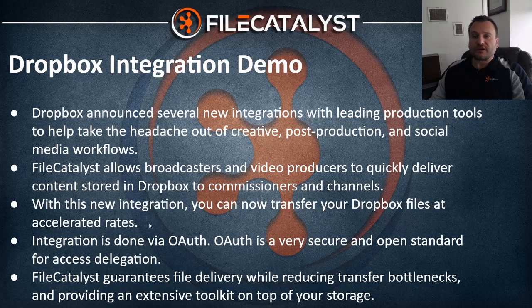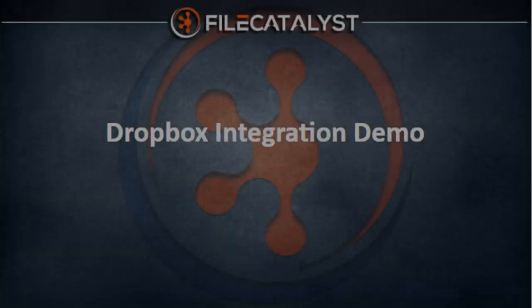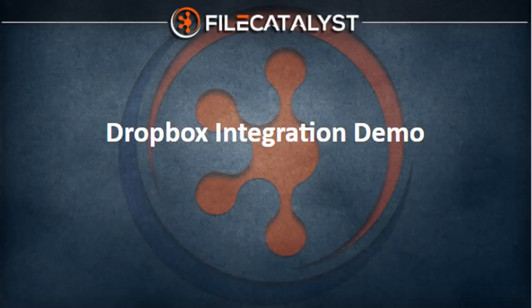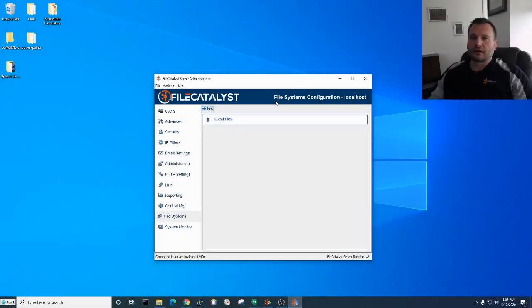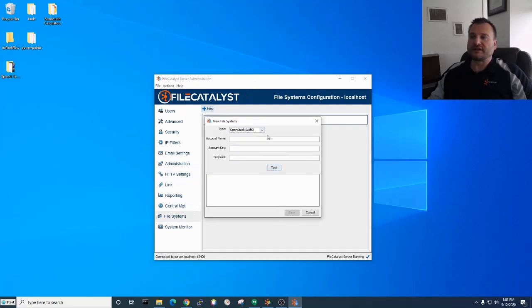So let's go into our demos, and I'll show you how all of this works. To connect Dropbox to FileCatalyst, the first step is to go into FileCatalyst Server, File Systems, and click on the New button.